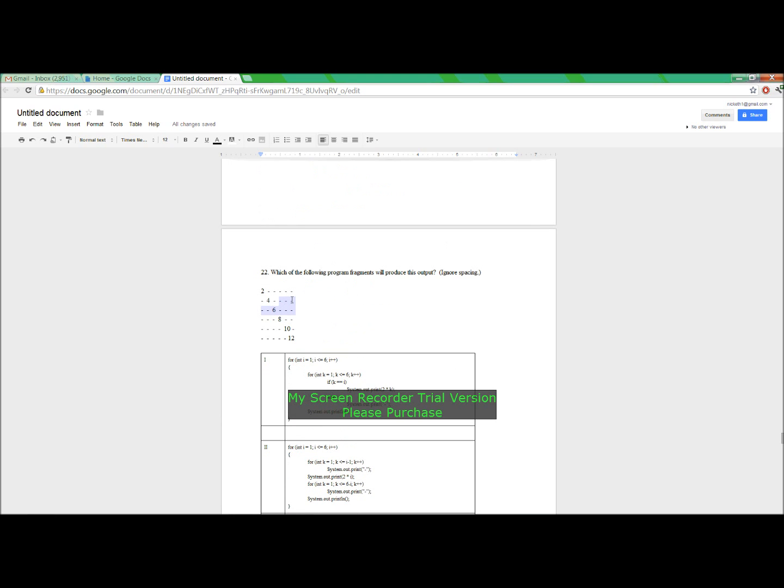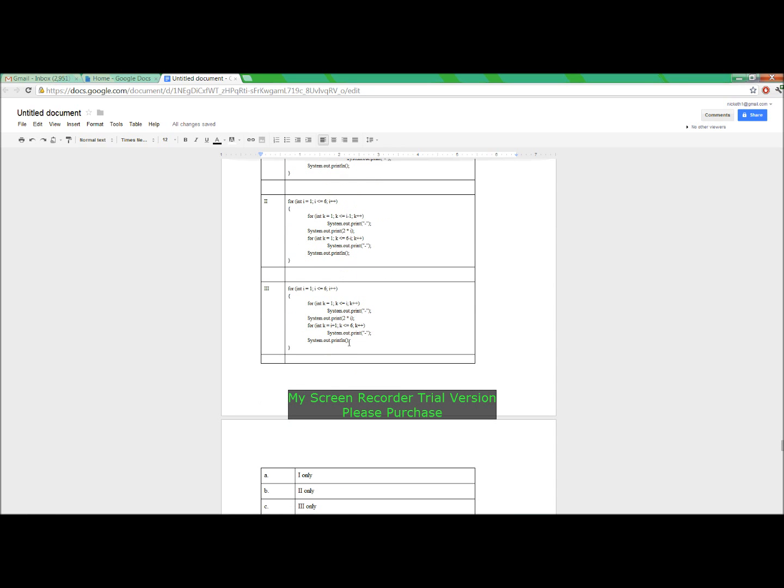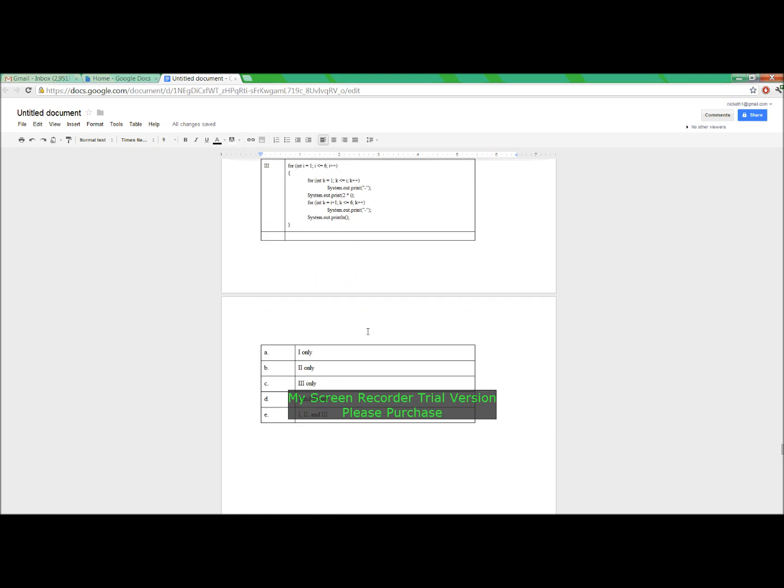So all of these dashes and these dashes, it doesn't print enough. Because right here, it prints like 1 too few dashes, which is a really petty thing, but not right. So 3 is wrong, so D is the correct answer.